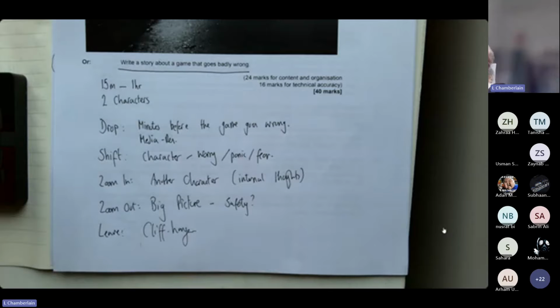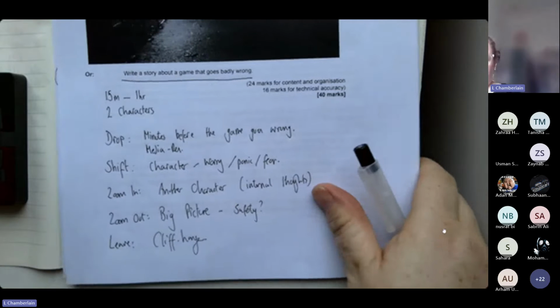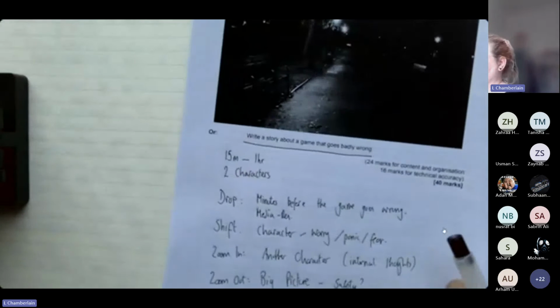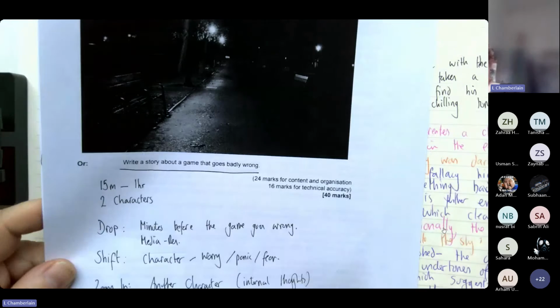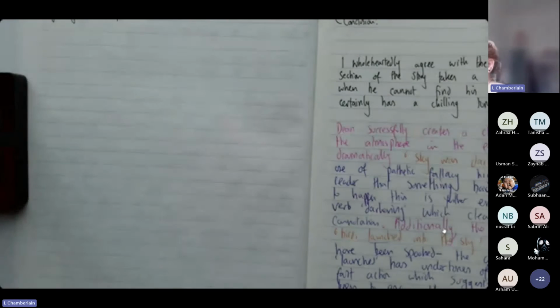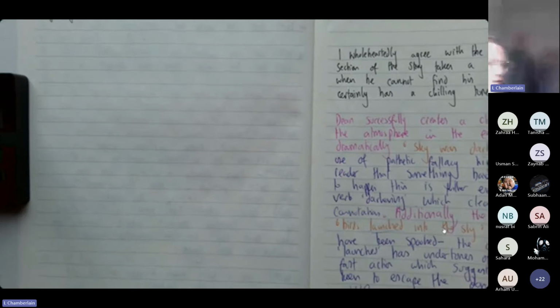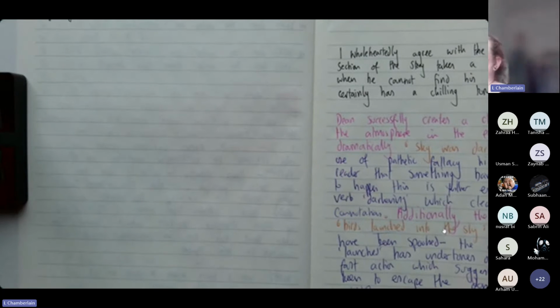So I'm thinking that these kids are going to be in some sort of abandoned warehouse playing some sort of game of hide and seek. And my idea is that one of them is going to fall through the floorboards and hurt themselves. So in terms of starting in media res, I want to put myself with that character.